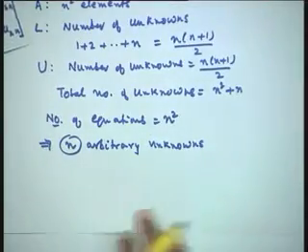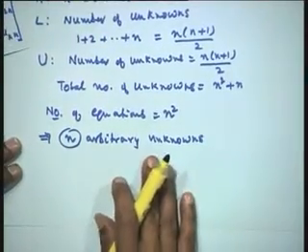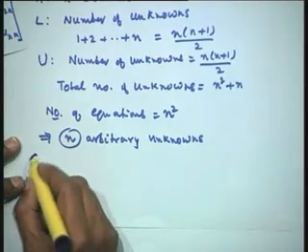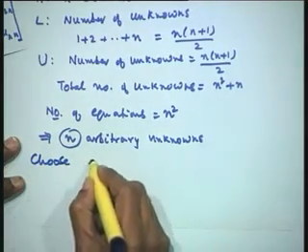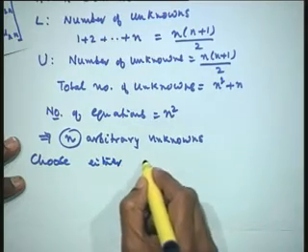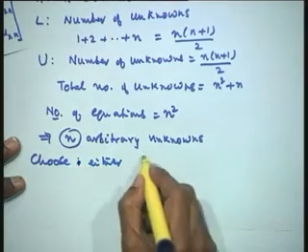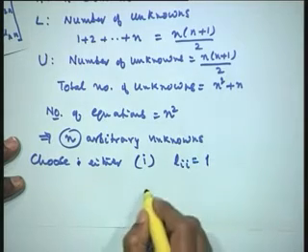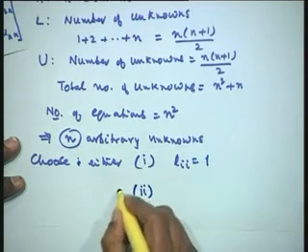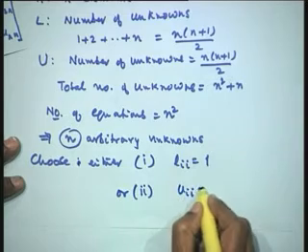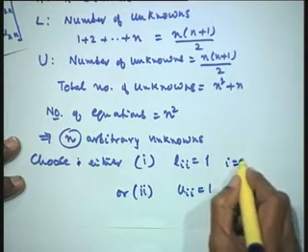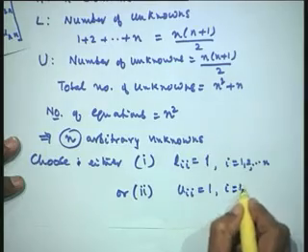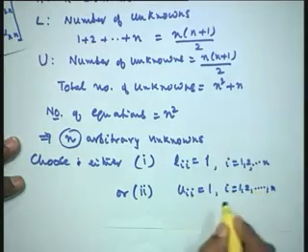There are two sets of values that can be chosen where this computation becomes simple. We can choose either Lii is equal to 1, or choose Uii is equal to 1, for i equal to 1, 2, 3 up to n.